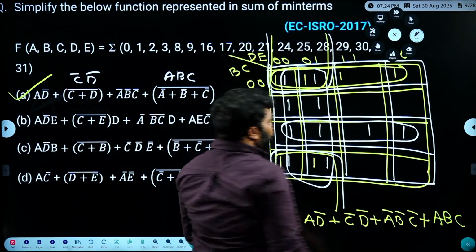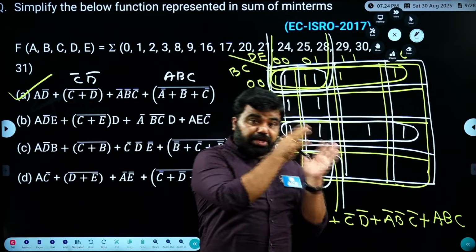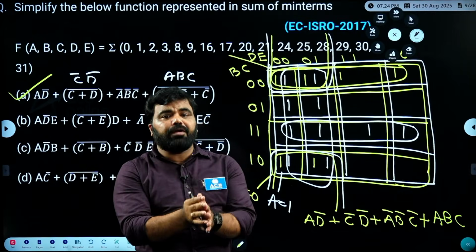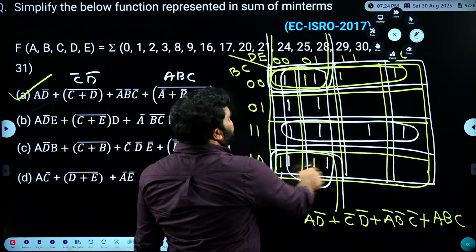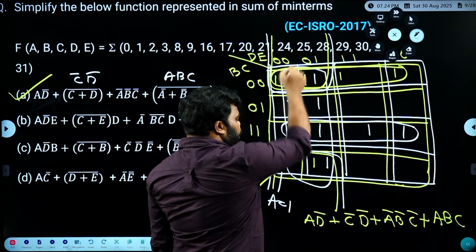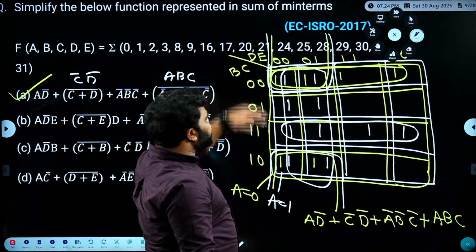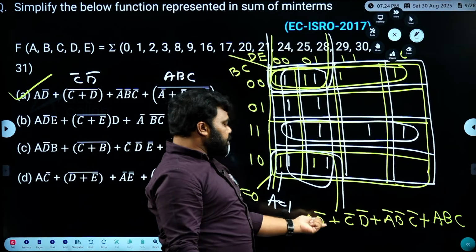Once again, observe whether they are from both A equal to 0 and A equals to 1, or only from A equal to 0 or A equals to 1. This octave is from only A equals to 1 and BC are changing, D equal to 0 is not changing, so A D bar.